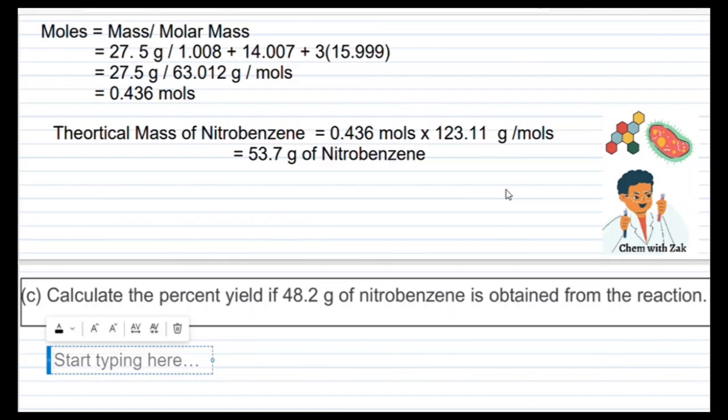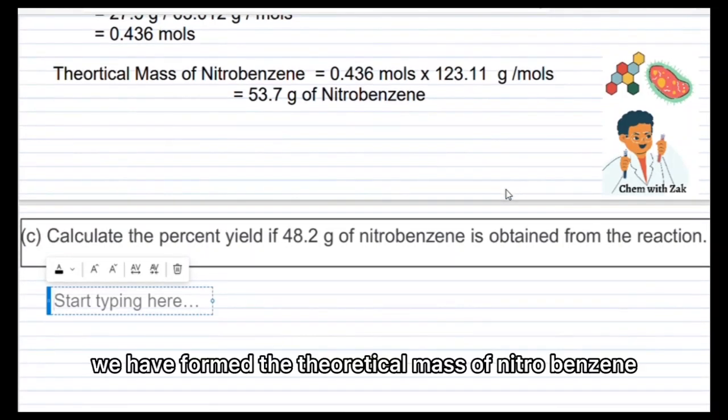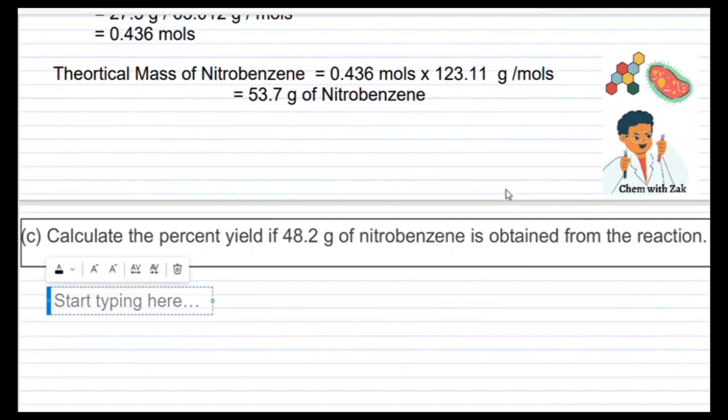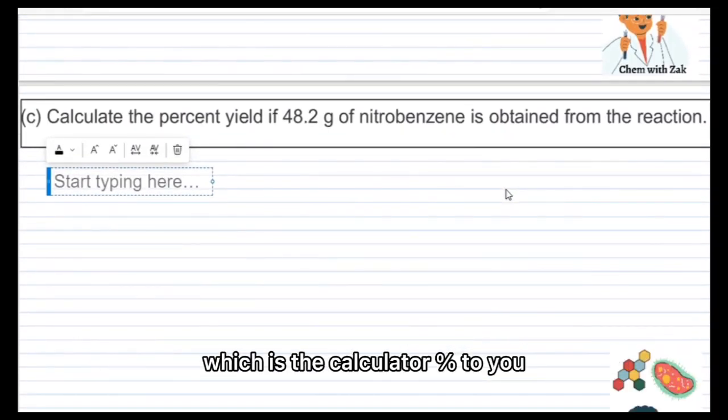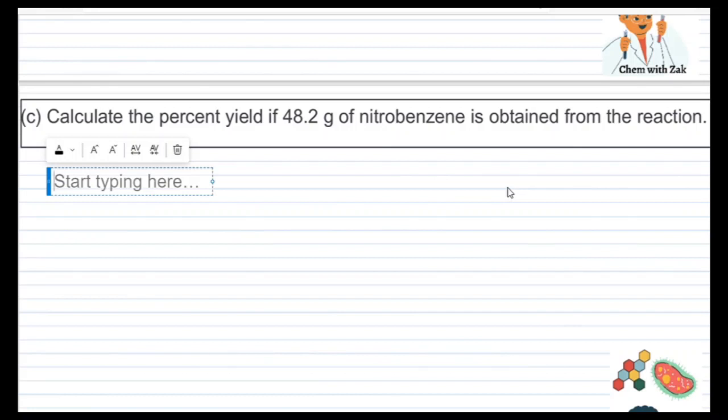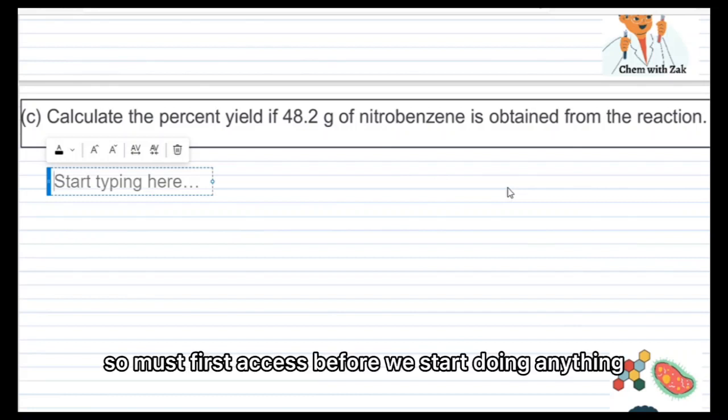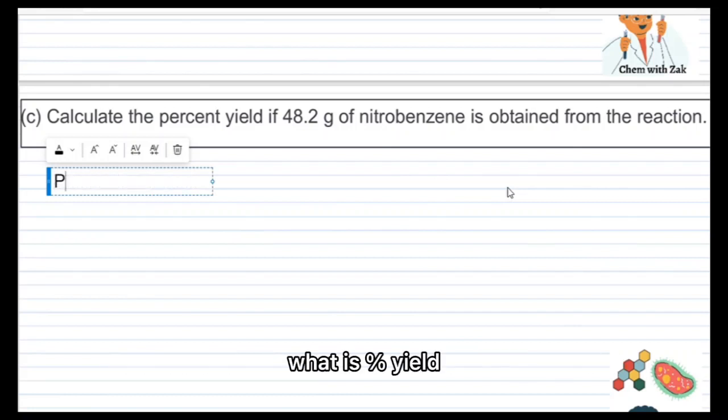So now that we have found the theoretical mass of nitrobenzene, we'll move on to the next part of the question, which is to calculate the percent yield if 48.2 grams of nitrobenzene is obtained from the reaction. Before we start doing anything, we must ask ourselves, what is percent yield?